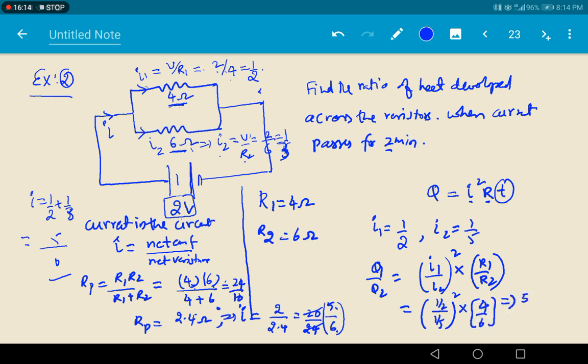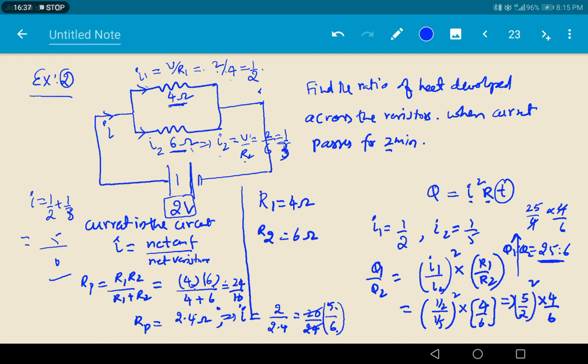Therefore 5 by 2 whole square into 4 by 6. So 5 by 2 whole square is nothing but 25 by 4 into 4 by 6. So 25:6 is the ratio of heat developed across the resistors.